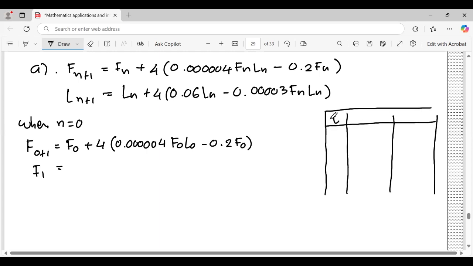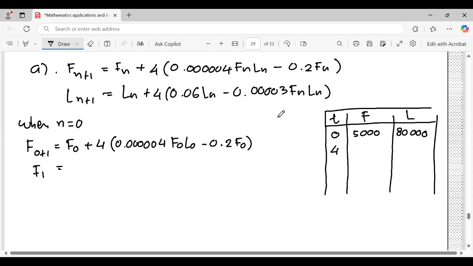This is T, this is F, and this is L. When T equals 0, according to the information, F equals 5,000 and L equals 80,000. And the next step is 4, according to the information.